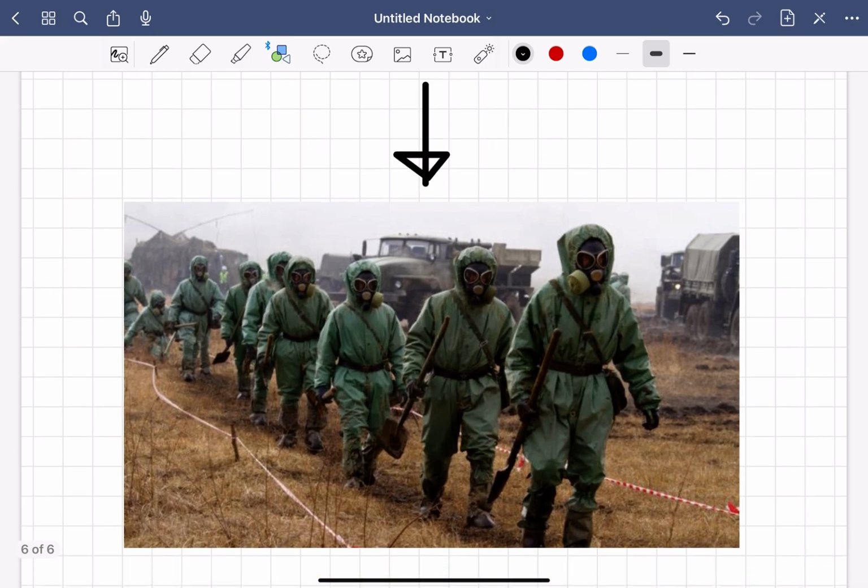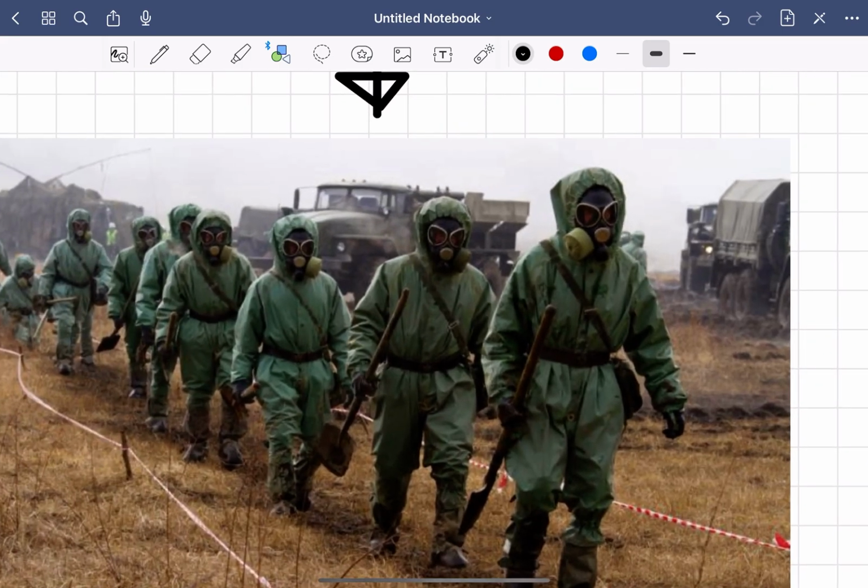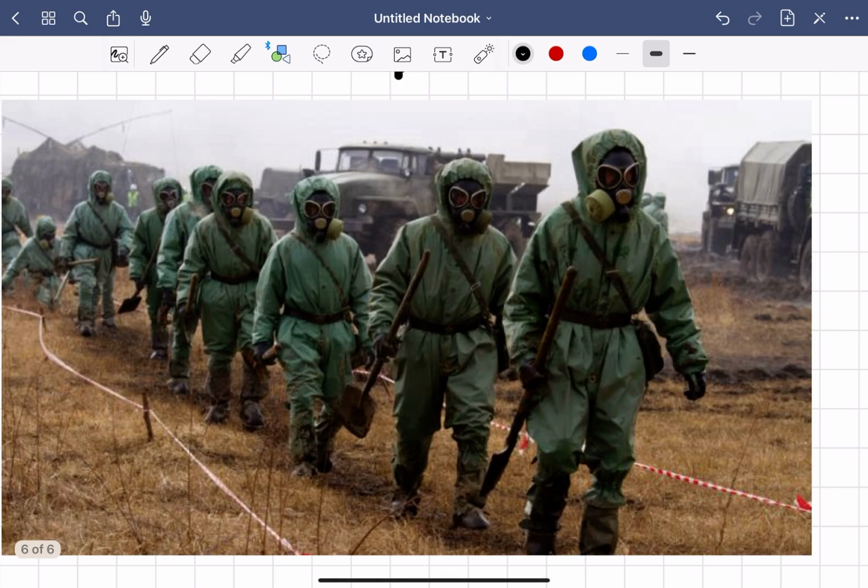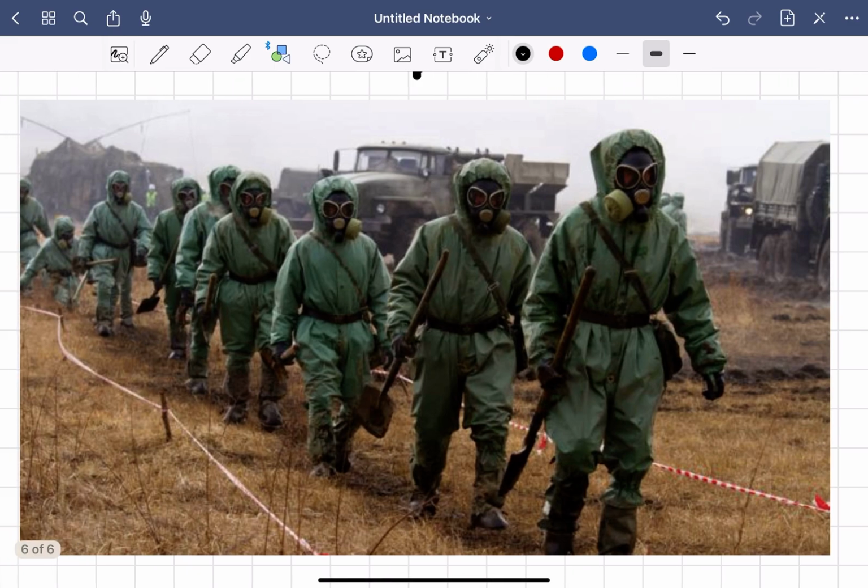Then over here is another picture of individuals who are wearing hazmat suits in order to prevent the contraction of the biological disease.